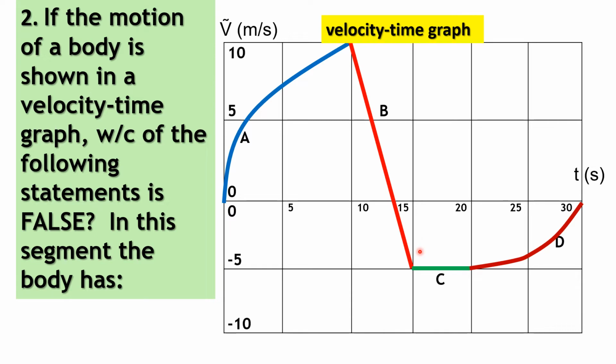For graph line B, obviously it's a straight graph line sloping downward to the right. So this means that the slope of this graph line is constant, or the acceleration that it represents is constant. Okay, did I say that the slope is not constant?